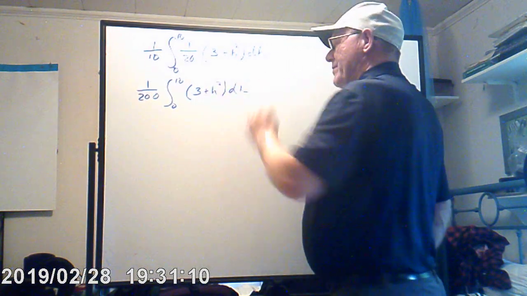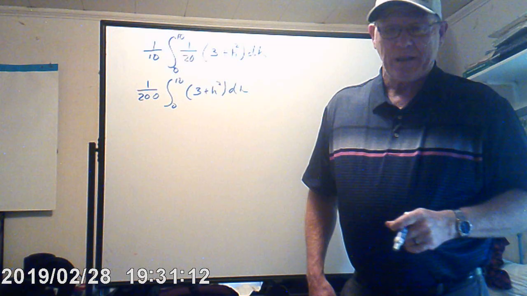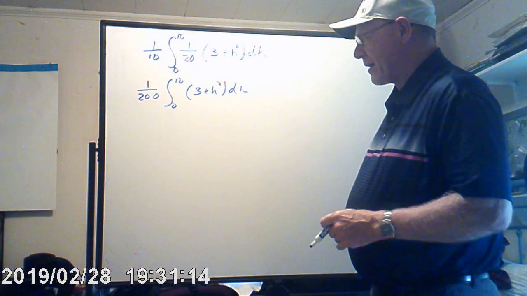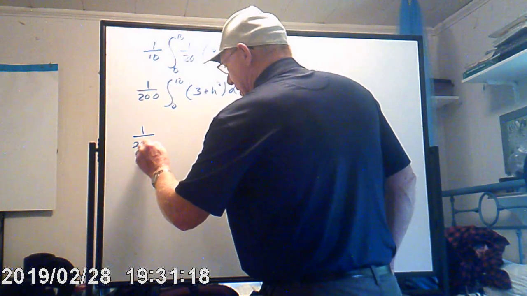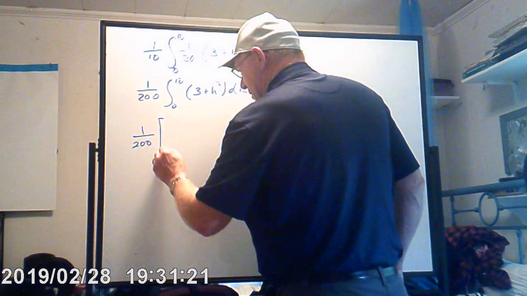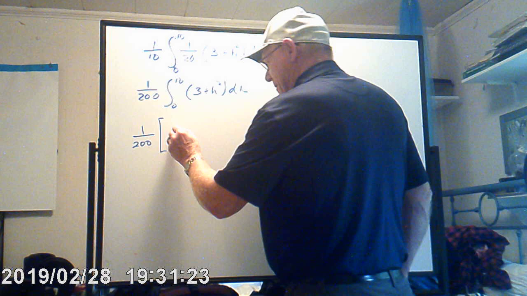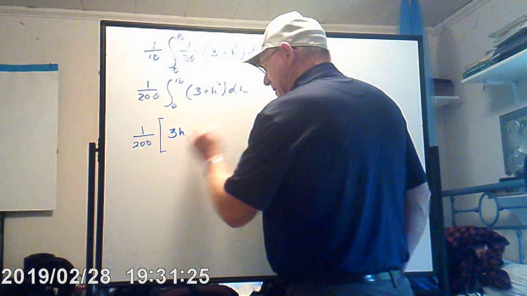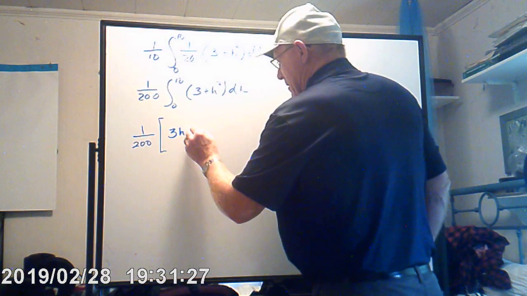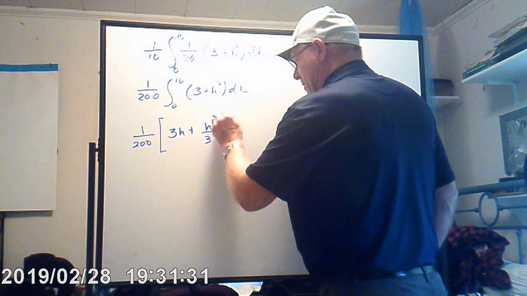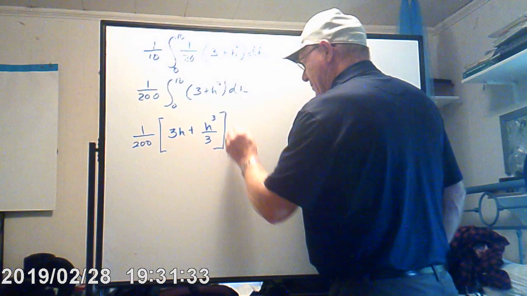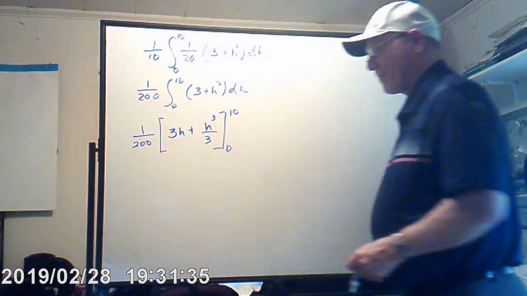This is actually very easy to integrate. So what we have here is 1 over 200, and again, you should know by now, if you haven't, just remember to tack that h on right there. Now add the exponent and divide by that same exponent, and you're going from 0 to 10 like that.